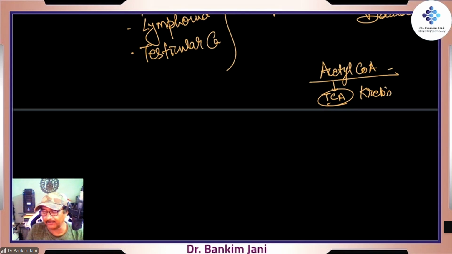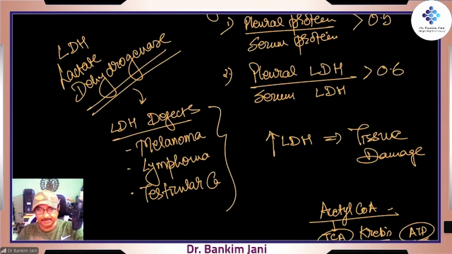And at the end of the Krebs cycle you get tons and tons of adenosine triphosphate, which is the currency of the body. Energy is this. This LDH plays a major role. That's why its level is to be tested. Just remember that this LDH is important from this perspective.